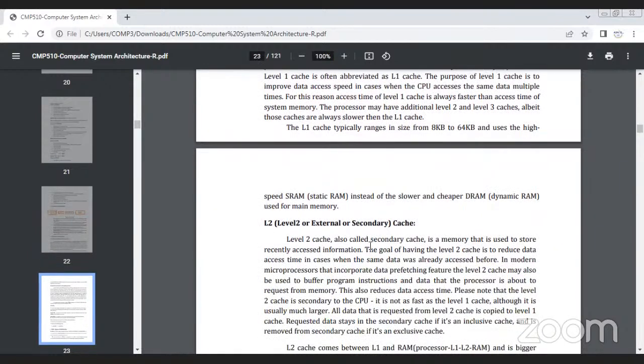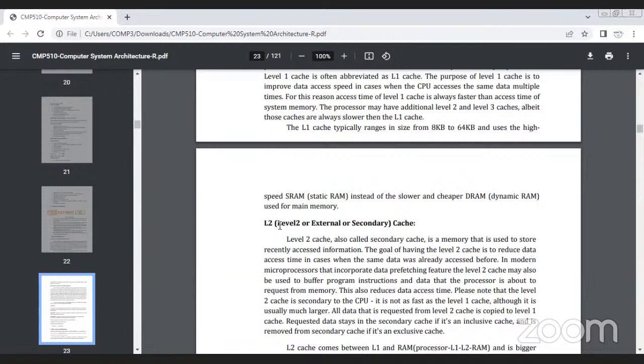Level 2 cache, which is also known as an external cache or a secondary cache, and that is used to store the recently accessed information. The goal of having the level 2 cache is to reduce the data access time in case the same data was already accessed before.